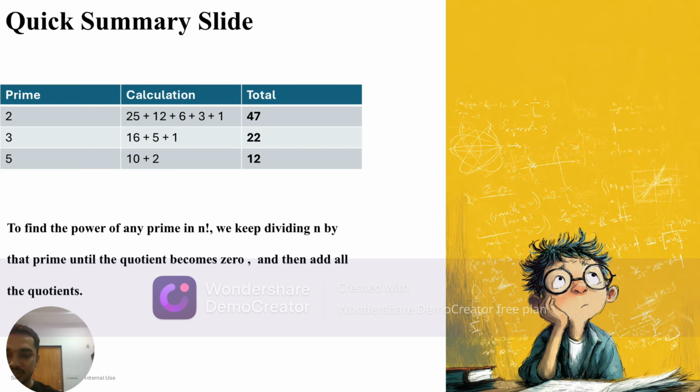So the powerful point is that to find the power of any prime in n factorial, we keep dividing n by that prime until the quotient becomes 0, and then add all the quotients, just like 25 plus 12 plus 6 plus 3 plus 1. Adding all the quotient values is equal to 47.